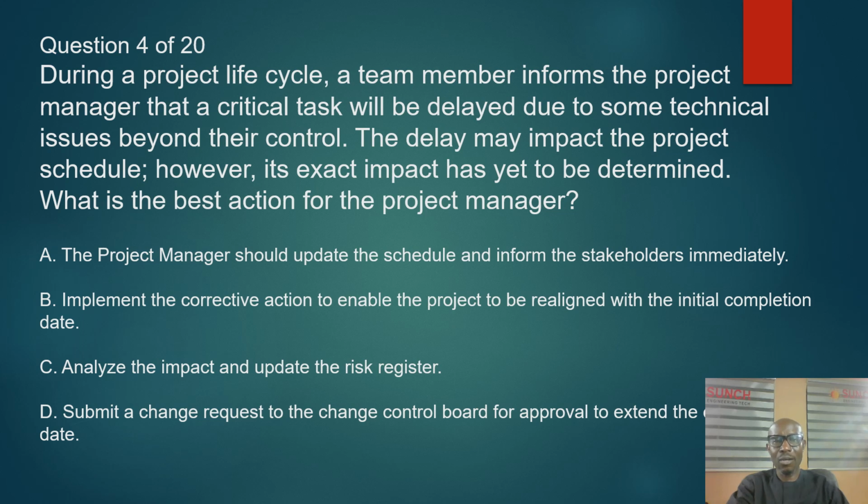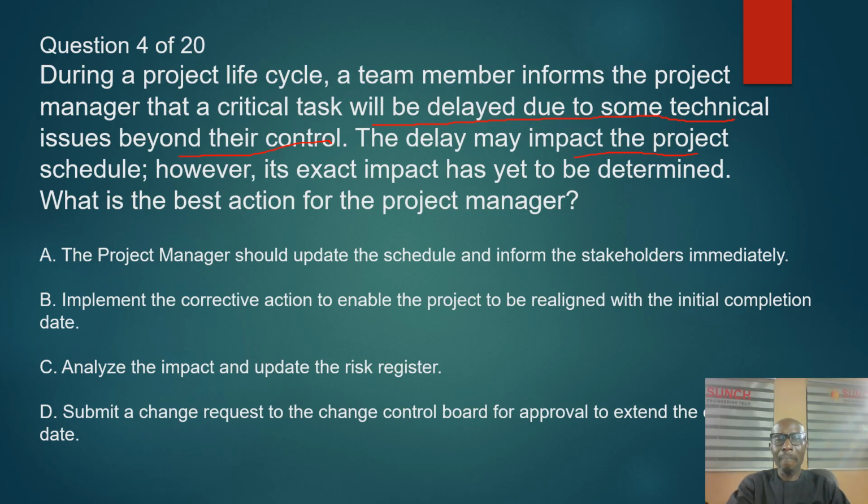During a project life cycle, a team member informs the project manager that a critical task will be delayed due to some technical issues beyond their control. The delay may impact the project schedule.